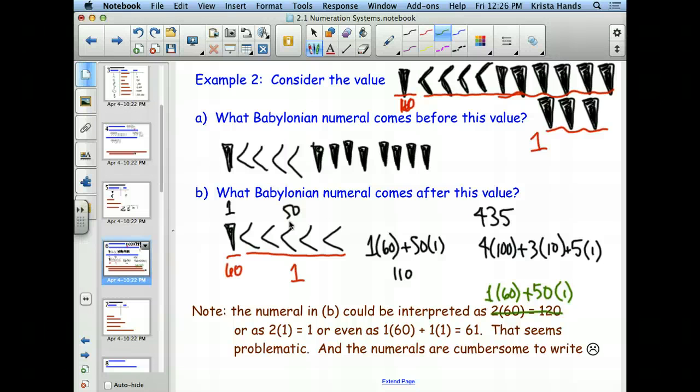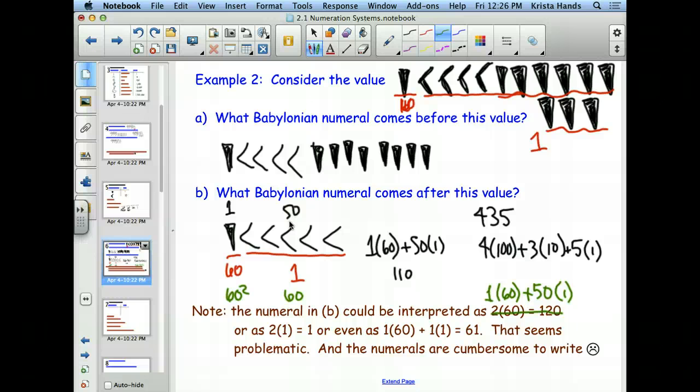But the problem is, with their system, there's no way to tell for sure that this represents the 60s place and the ones place. What if this is the 60s place and this is the 60 squareds place, and there simply aren't any ones? What do we do when we don't have any ones in a number? We put a 0 there. They don't have a 0. So they have no way to hold that place value.